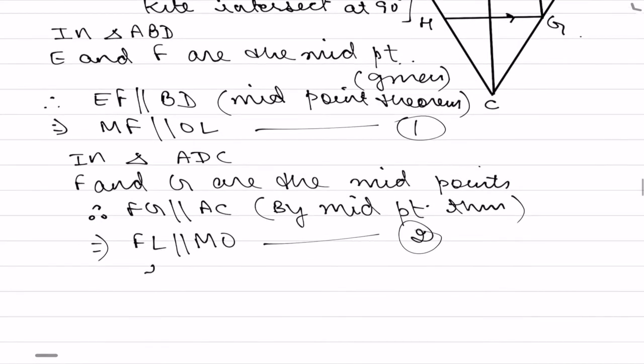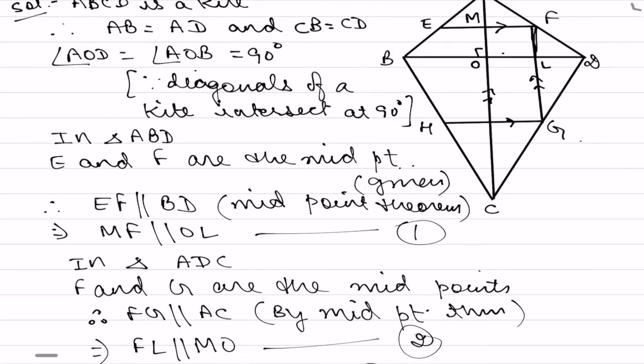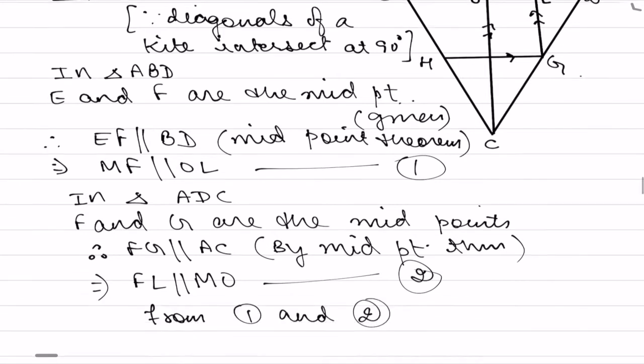Now, from equation number 1 and 2, we can see that MF is parallel to OL and FL is parallel to MO. That means MFLO is a parallelogram.